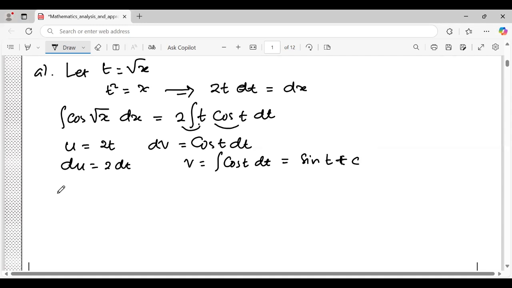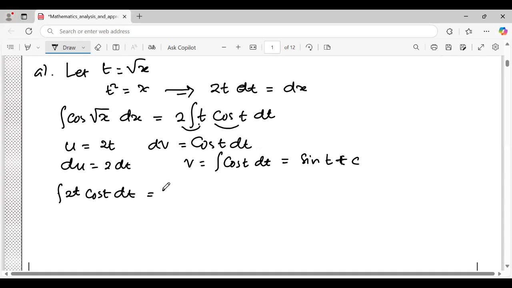So the integral, I'm going to write 2 inside the integral, dt, according to integration by parts.